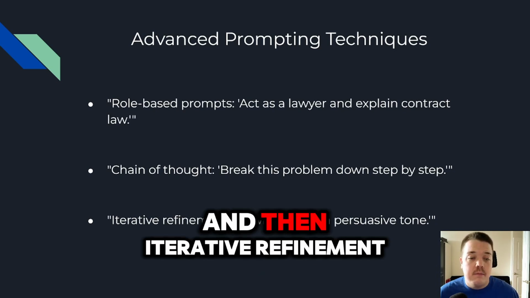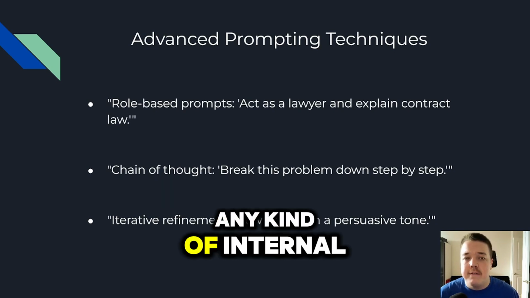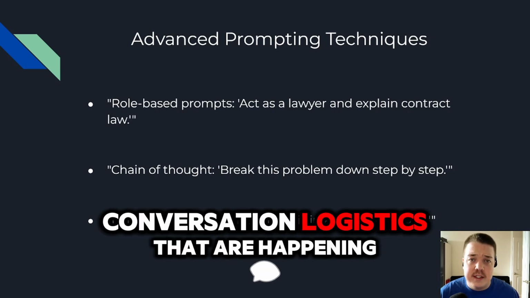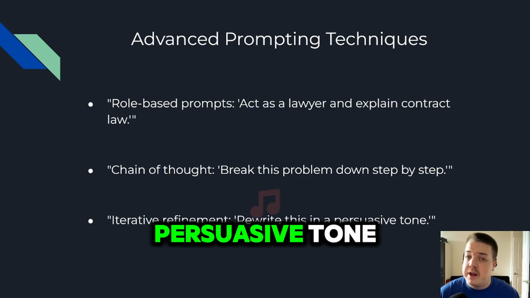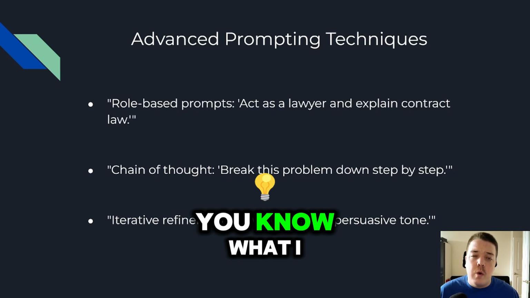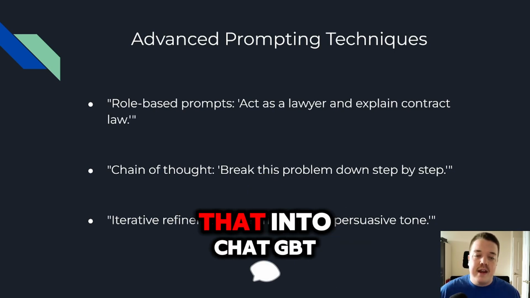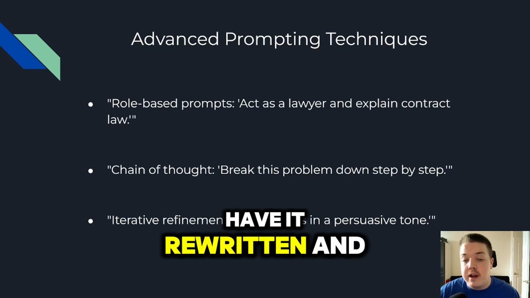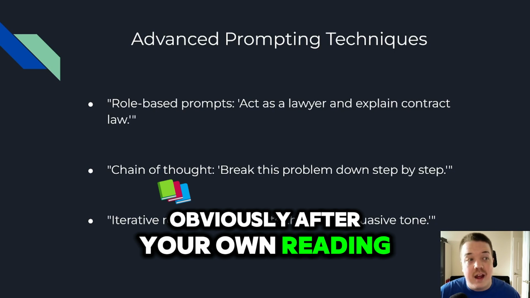And then iterative refinement is really just email marketing, any kind of internal conversation logistics, to rewrite it in a more persuasive tone. If you have an email set up and you think, I don't think this is really going to close deals for me, you can throw that into ChatGPT, have it rewritten, and then send that off, obviously after your own reading of it.